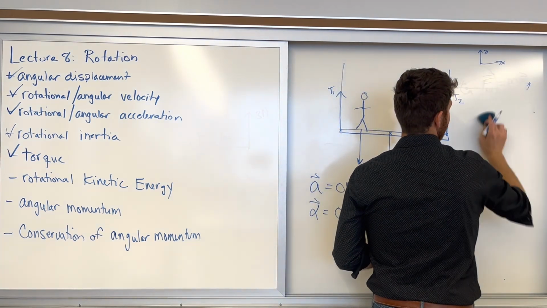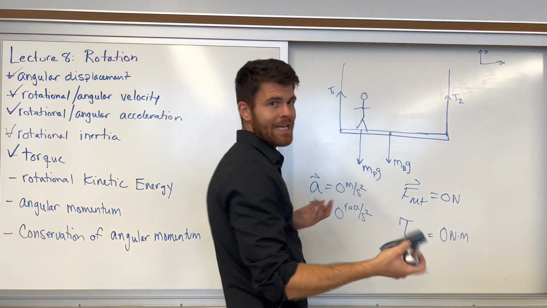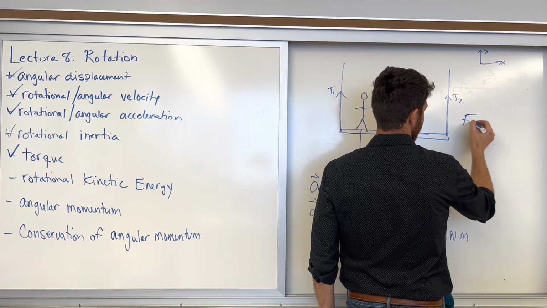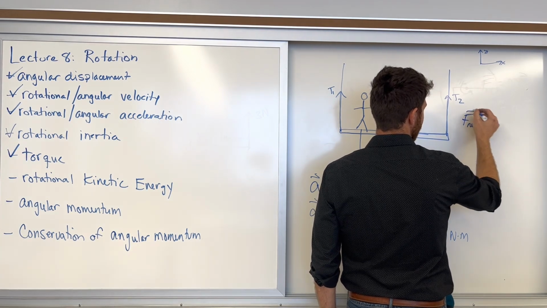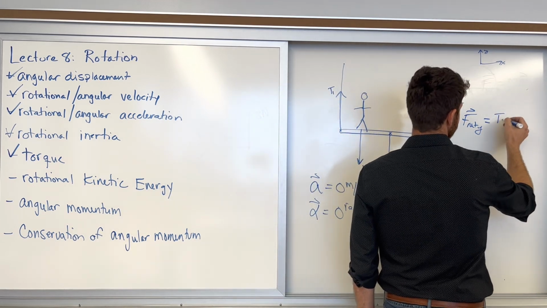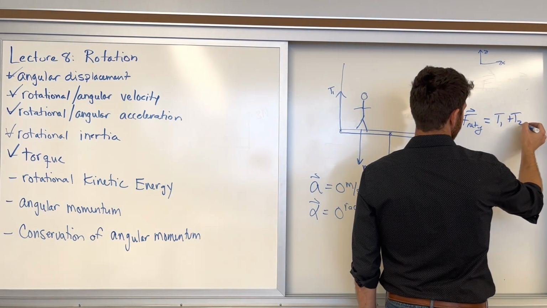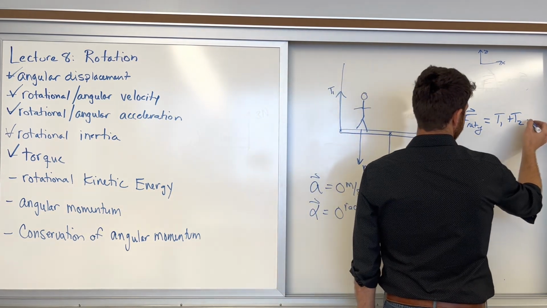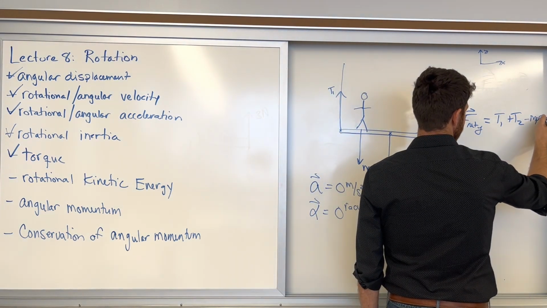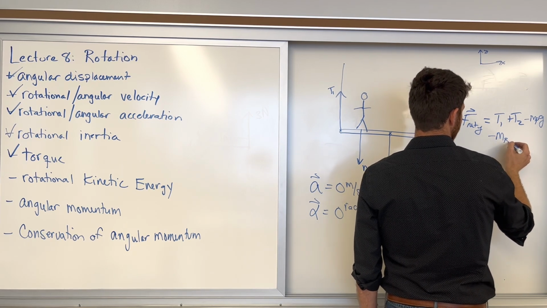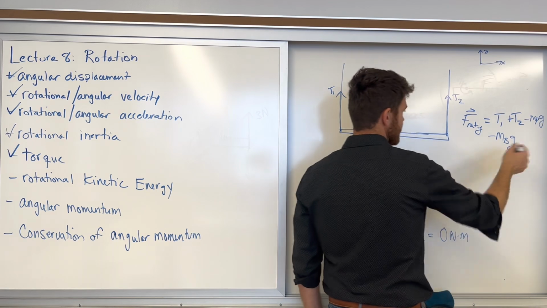In the x direction, there are no forces acting, so that makes sense. In the y direction, the net force equals T1 plus T2, and then these forces are acting down, so minus the mass of the person times gravity, the weight of the person, minus the weight of the board. So this must equal 0.